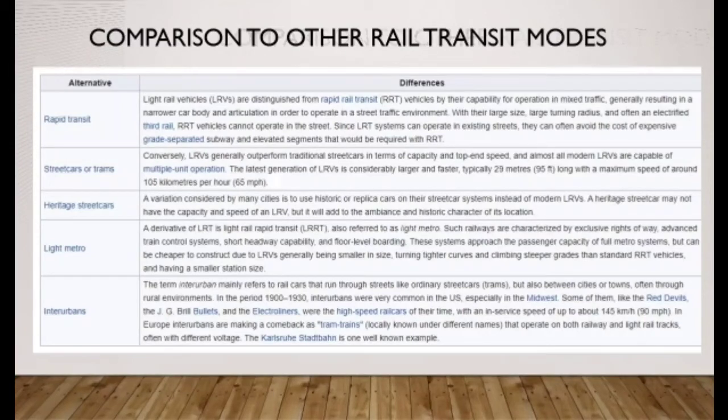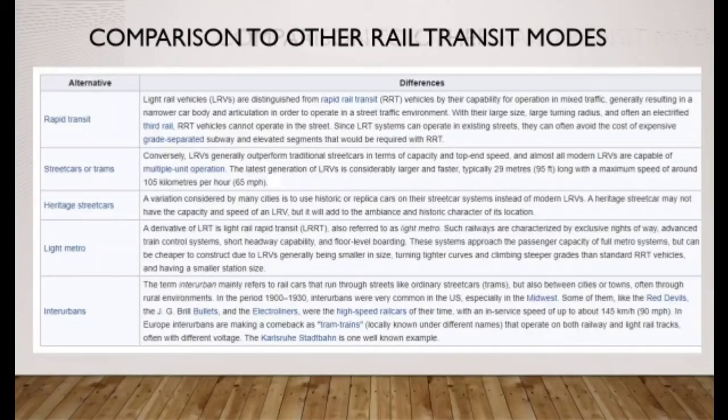These systems approach the passenger capacity of full metro systems, but can be cheaper to construct due to LRVs generally being smaller in size, turning tighter curves and climbing steeper grades than standard RRT vehicles, and having a smaller station size.